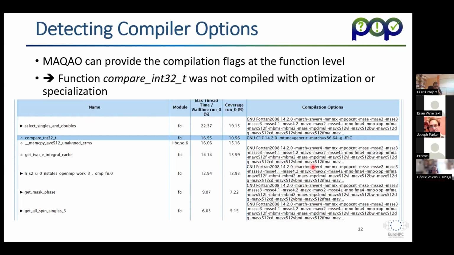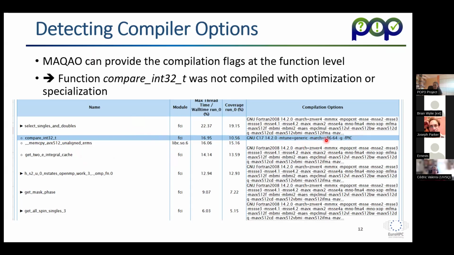These are the specialization flags, for instance, that will allow the compiler to know on which platform the code will be running so that it can adapt the code correspondingly to take best advantage of the core features. And here, this was this comparison function, which due to how the compilation was done, had completely different flags.